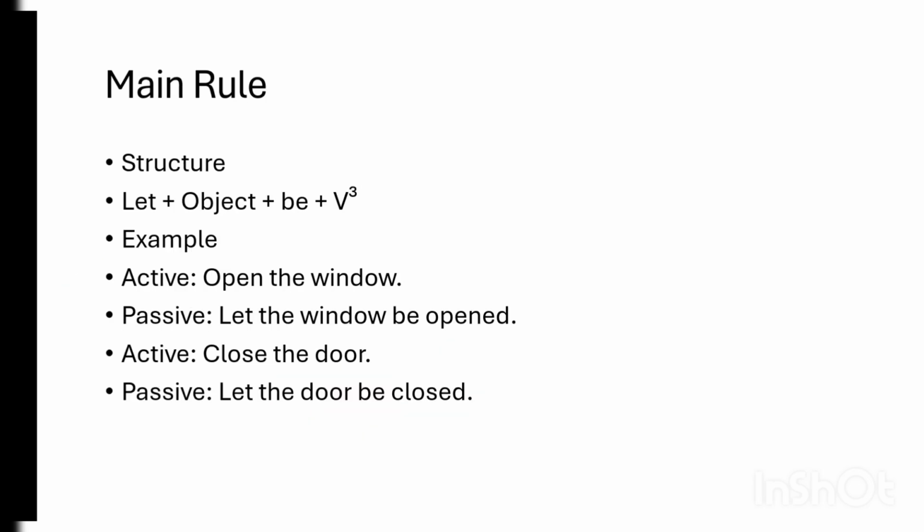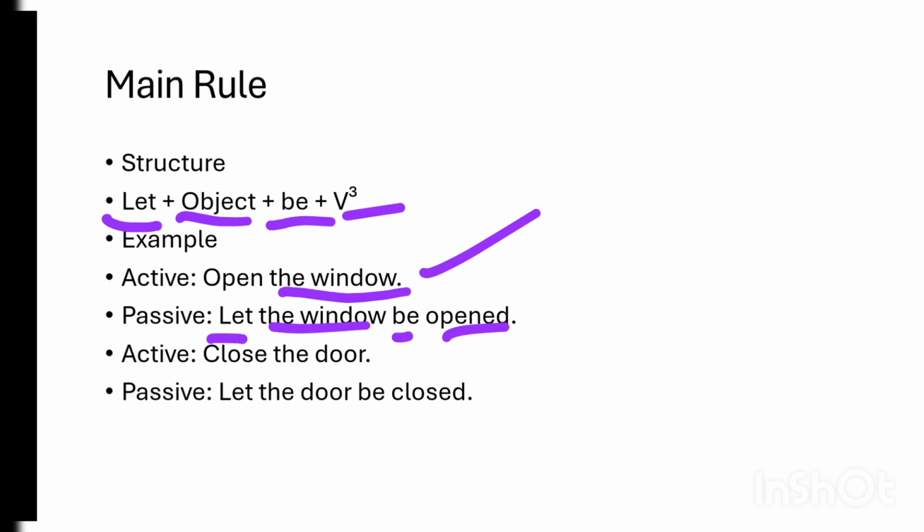Now, what is the main rule? When we change active to passive, we write let first, then the object, then be, then verb 3. Open the window: let first, now the object, the window, then be, then V3. Close the door: let the door be closed.